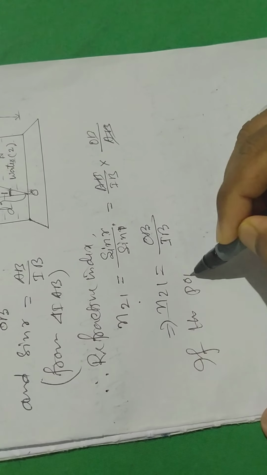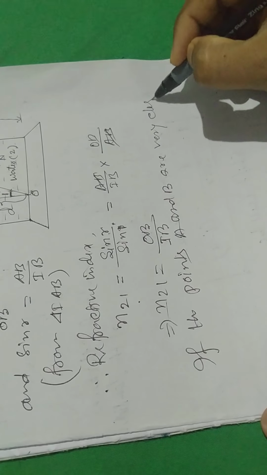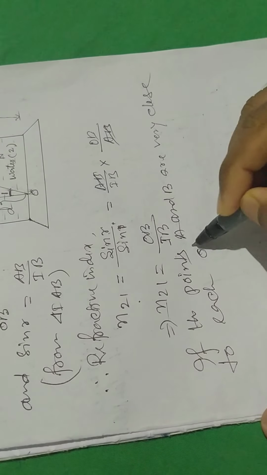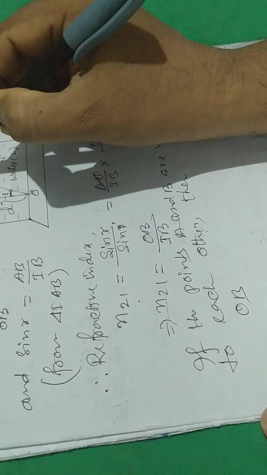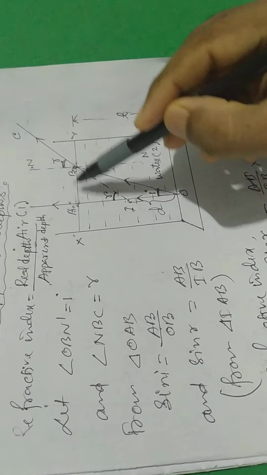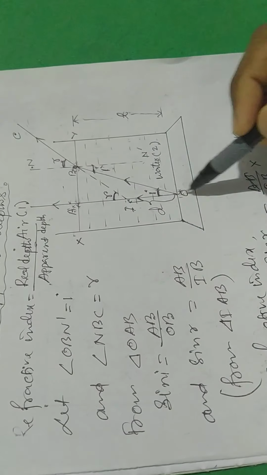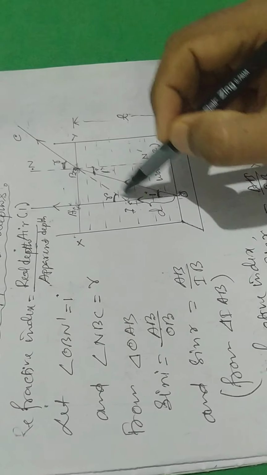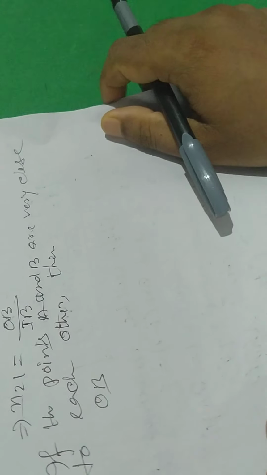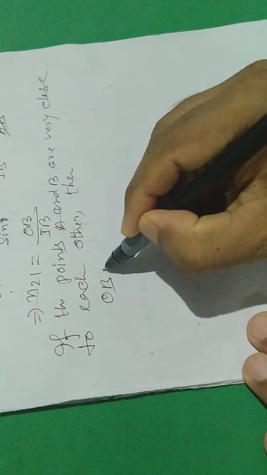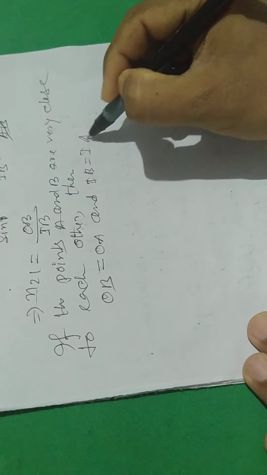If the points A and B are very close to each other, then OB will be equal to OA and IB will be equal to IA.